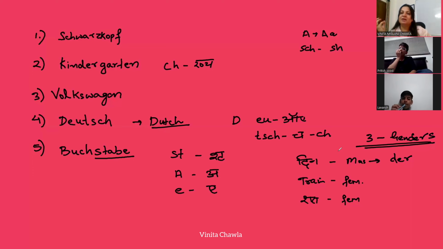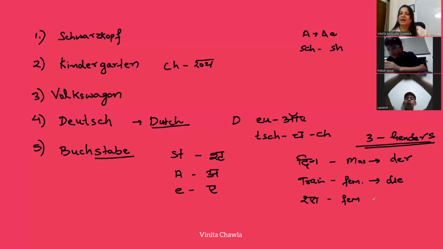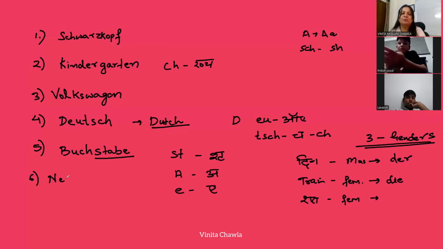So if there is anything which is masculine, then we use this article, der. And for feminine, die is used, D-I-E. And for neutral, how will you pronounce neutral in German? I'm writing neutral here, and you're supposed to pronounce it in German.